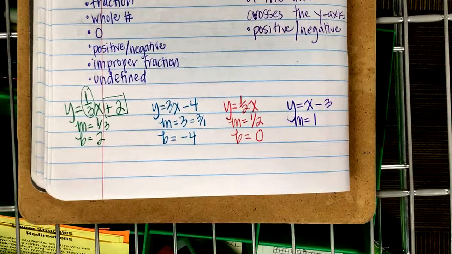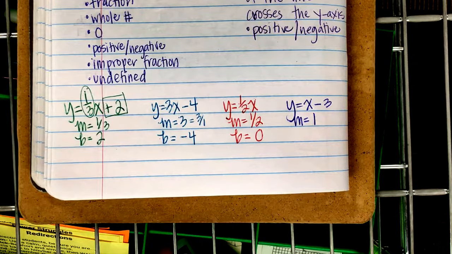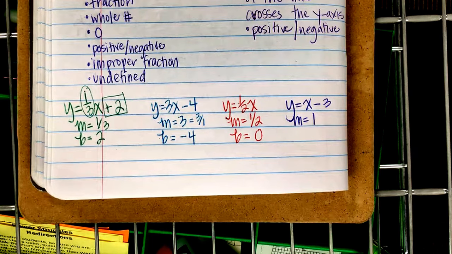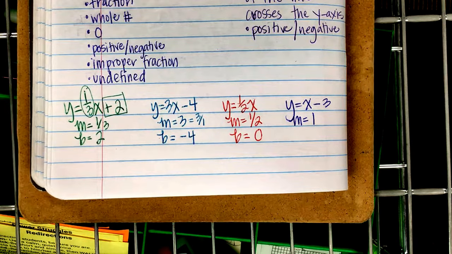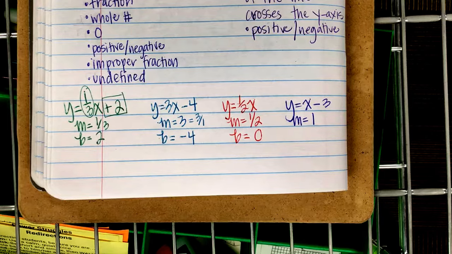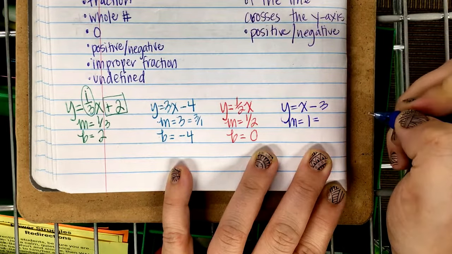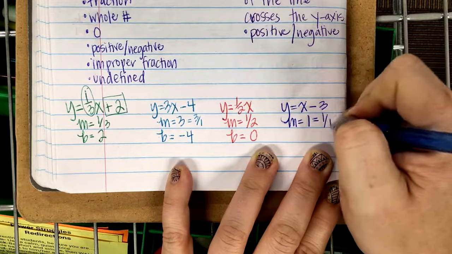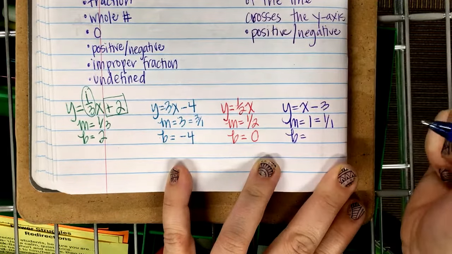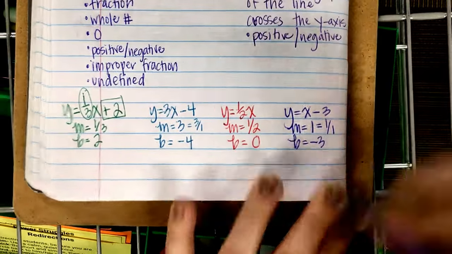Because if it was 0, would the x be there? If there were 0 x's in that problem, would the x be there? No. Since there is an x there, the coefficient is 1. How do you make that a fraction to graph? 1/1. And what's your intercept? -3.